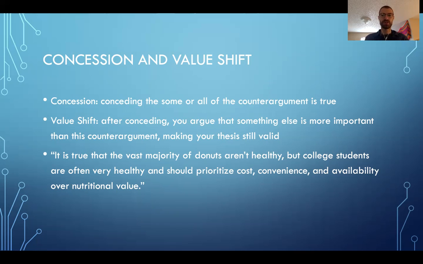One thing that's important to note is that sometimes you do a hybrid where you accept some part of the counterargument. So you concede that part and value shift, but then for another part of the counterargument, you offer a rebuttal. So it can get a little murky, but it's helpful to think that you can offer a rebuttal, which is a rejection of it, or a concession, which accepts it, and then you shift values.